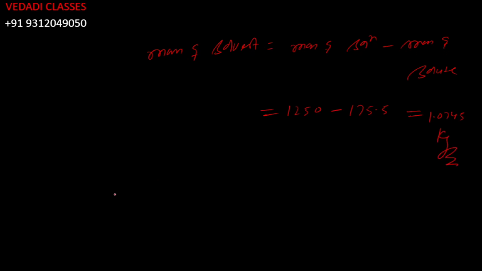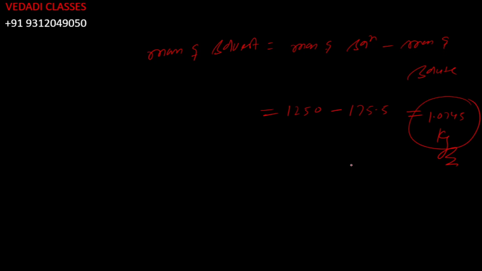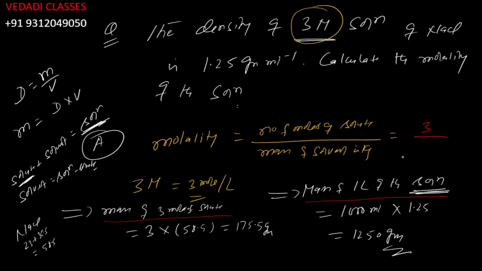So simply you can put the value in the formula directly: number of moles 3 divided by mass of the solvent 1.0745. When you solve it, it will come 2.79 mole per kilogram. So this is your answer.